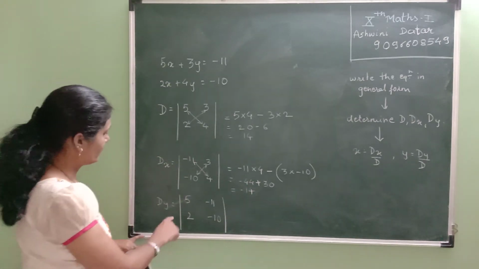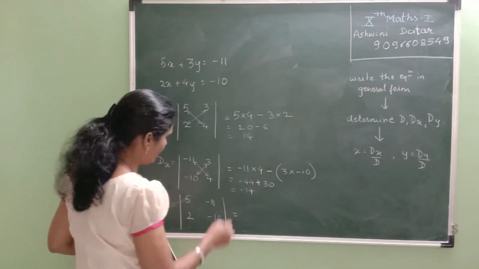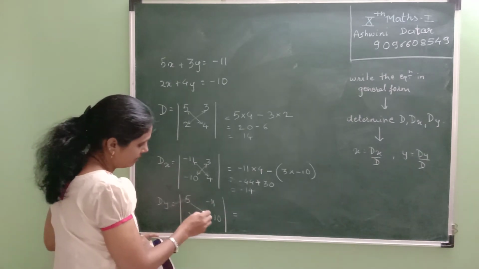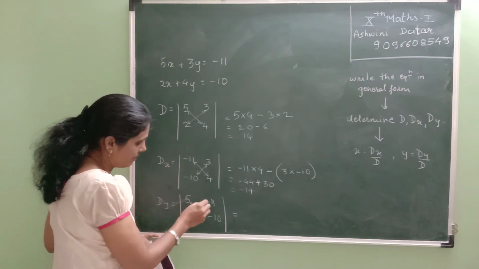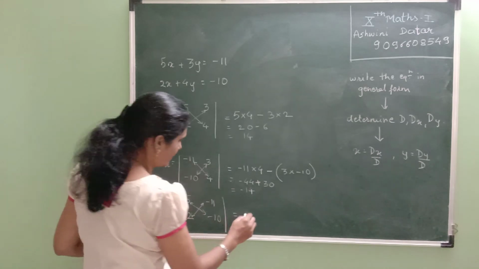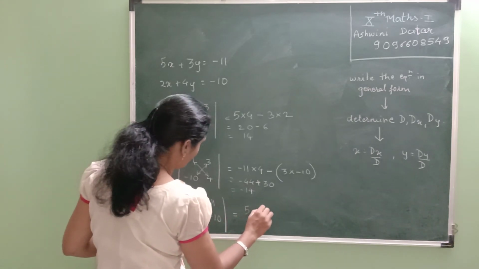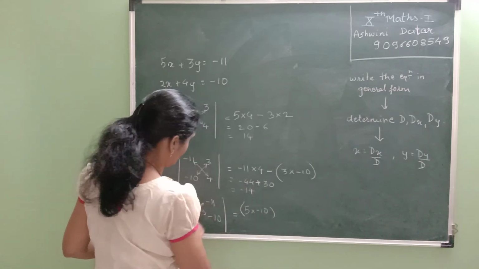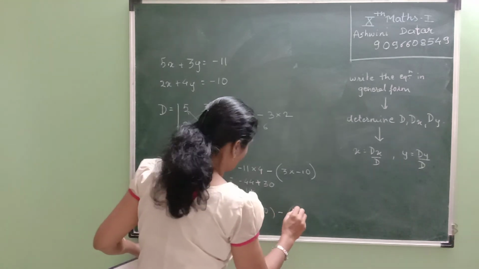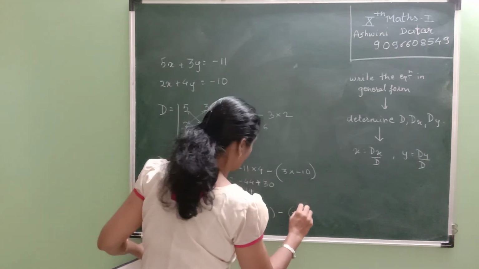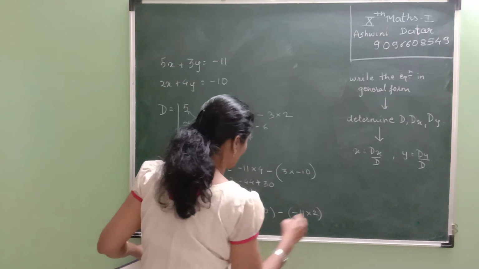Now let us go to Dy. How to find out Dy? Again, multiply these two terms minus these two terms. So it will be 5 into minus 10, minus 11 into 2.